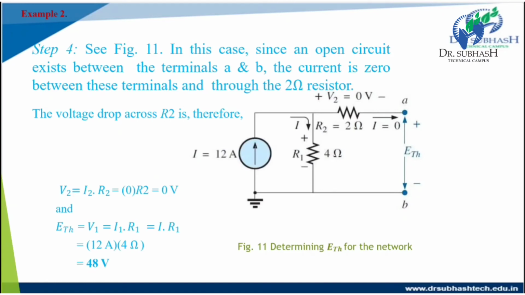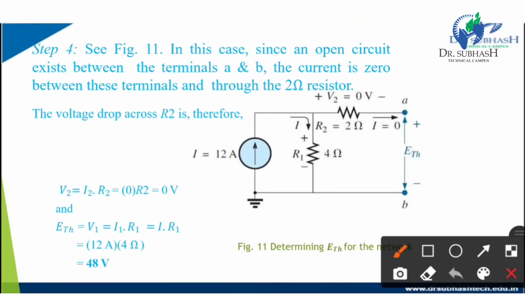So V2 equals I2 multiplied by R2, but there is one condition for current to flow: the circuit must be complete, with a voltage drop between two terminals. Here the circuit is open, so no current flows, so I2 equals 0.